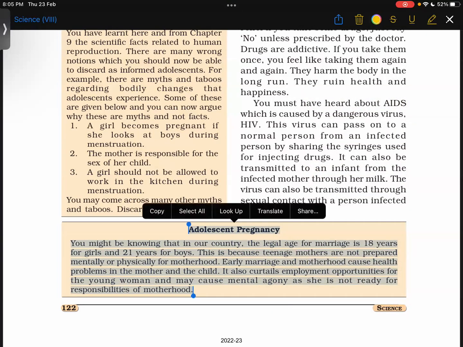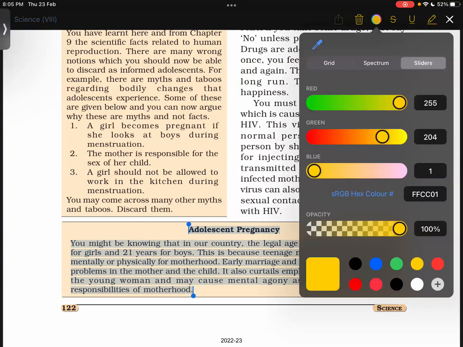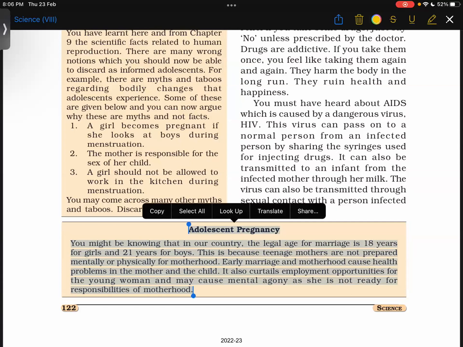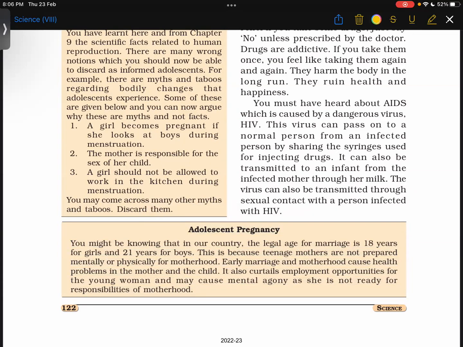This is because teenage mothers are not prepared mentally or physically for motherhood. Early marriage and motherhood cause health problems in the mother and the child. It also curtails employment opportunities for the young and may cause mental agony as she is not ready for the responsibilities of motherhood.